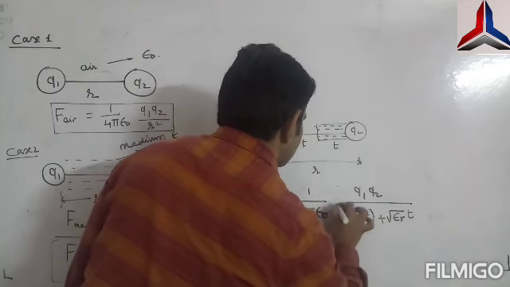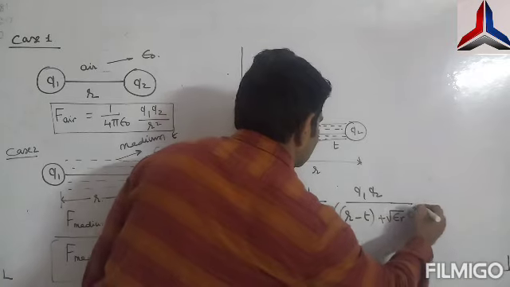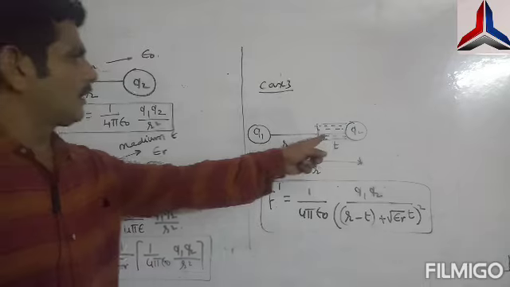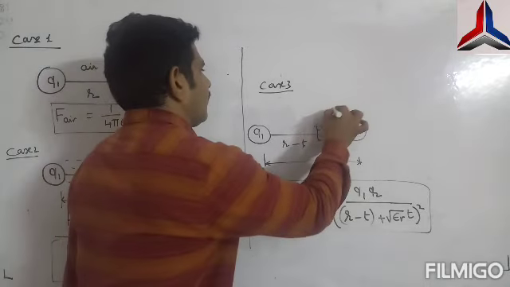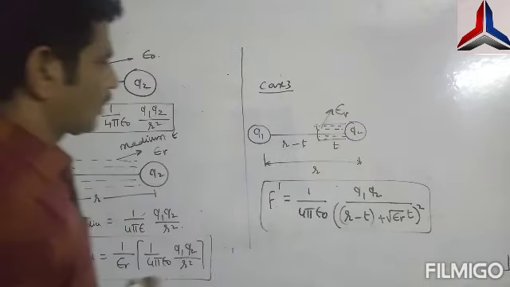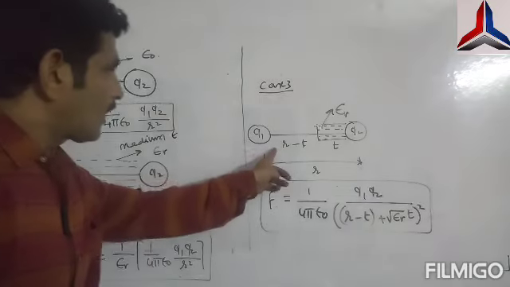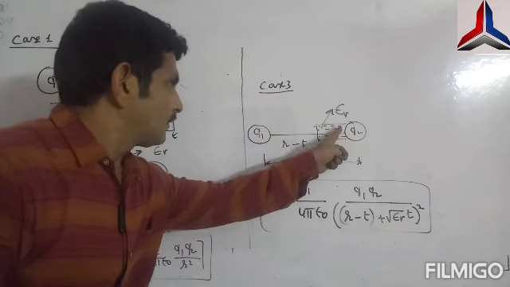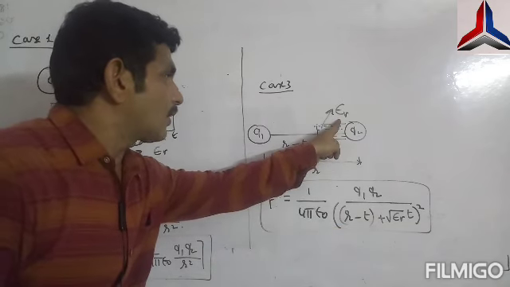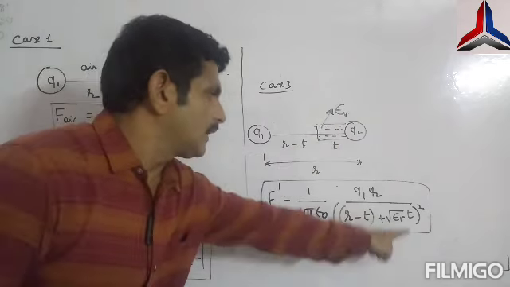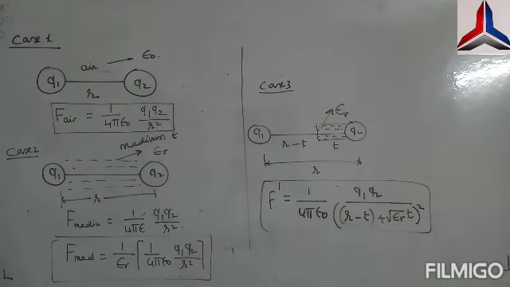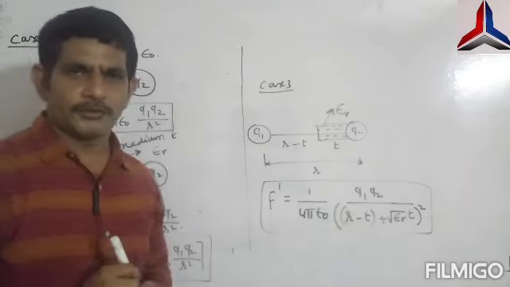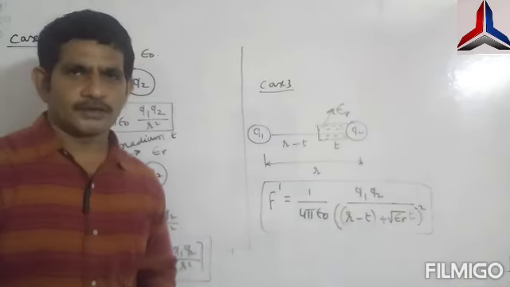If the gap is filled with a dielectric material of relative permittivity epsilon r, you can take the distance as r minus t plus root epsilon r times t, whole square. Like that you can take. So this is one of the most important points from the exam point of view. I hope you can understand this one.